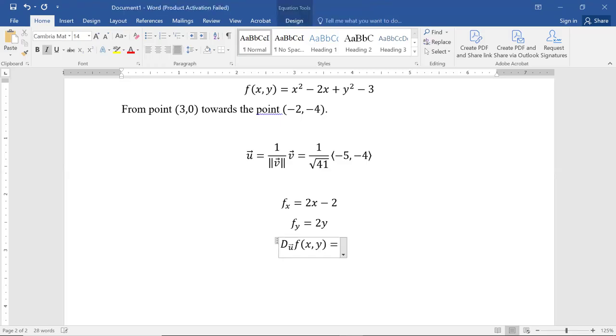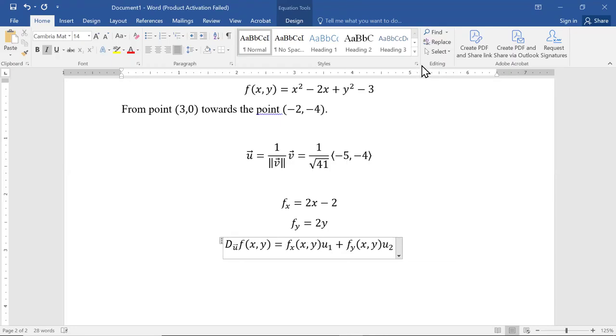Again, the directional derivative is going to be f sub x at whatever point we're at, multiplied times u1, plus f sub y at whatever point we're at, multiplied times u2.